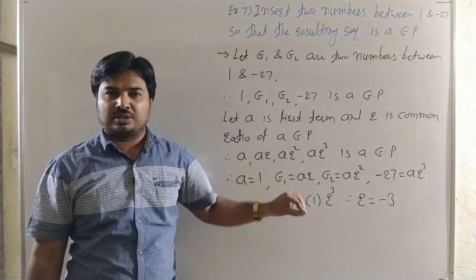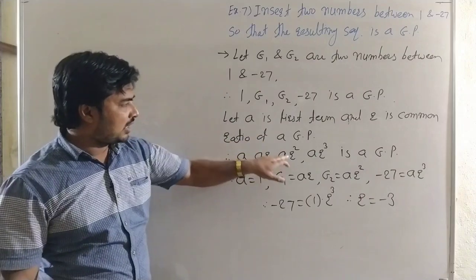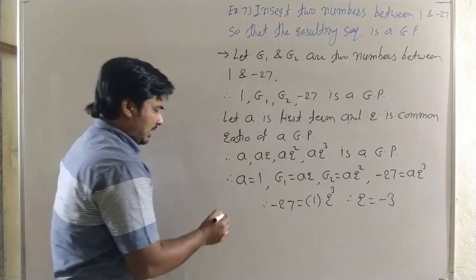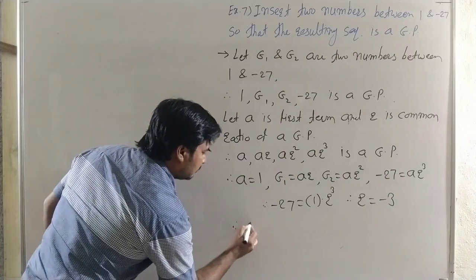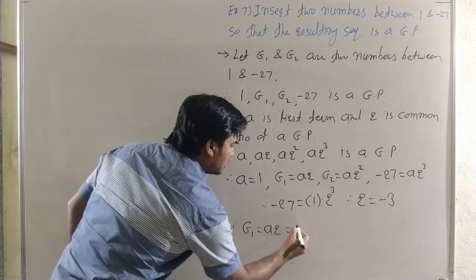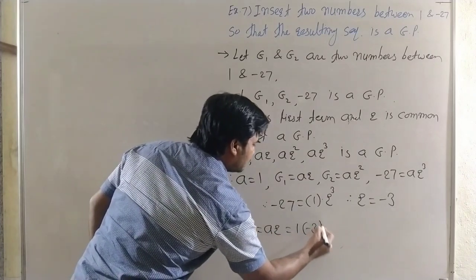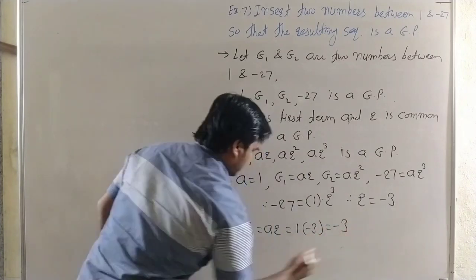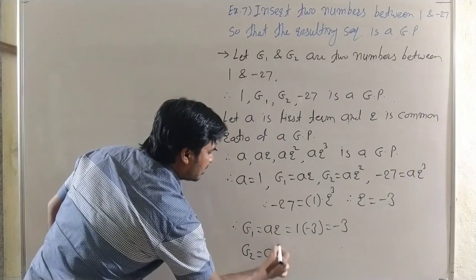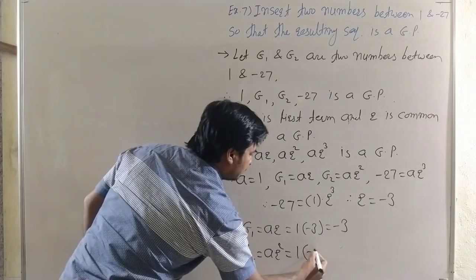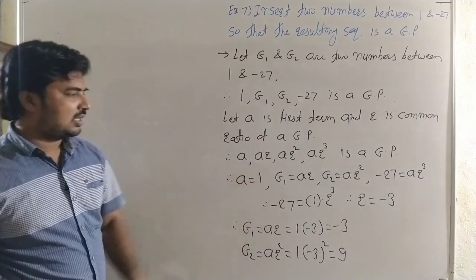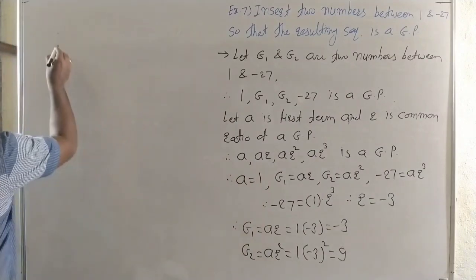Now we find the second term and the third term. Here g1 is A into R, that is 1 into minus 3, which is minus 3, and g2 is A into R square, that is 1 into minus 3 square, which is 9. That means the required numbers are minus 3 and 9.